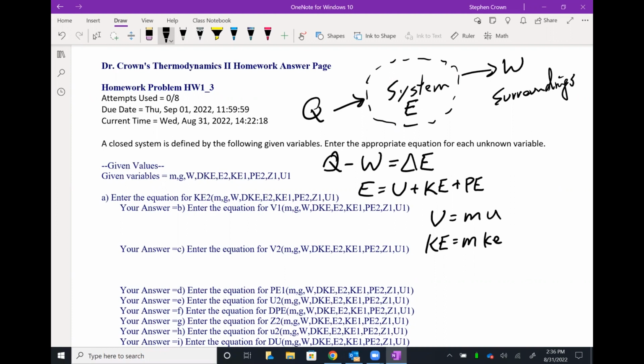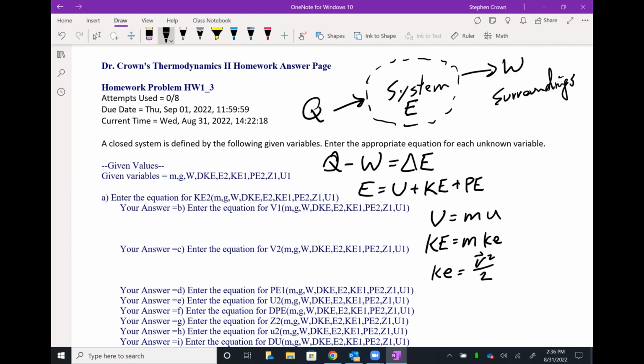Now, ke equals v squared over 2, where v is the velocity. It's a scalar value, but I put the little vector symbol over it just so we can distinguish it from volume. So it does have direction.